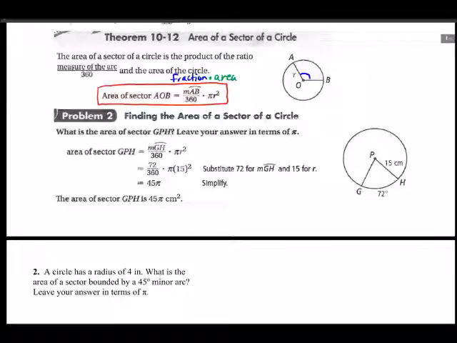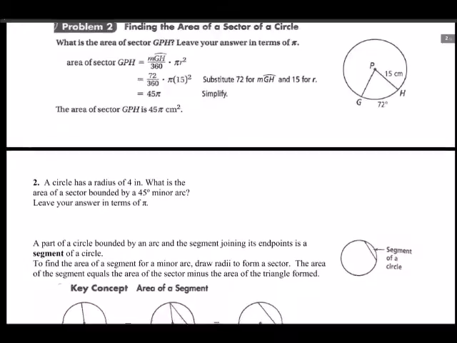So let's see how this works. Find the area of sector GPH. So there's G, there's P, and there's H. So we're looking at this slice of pizza. That's our sector, in terms of pi.